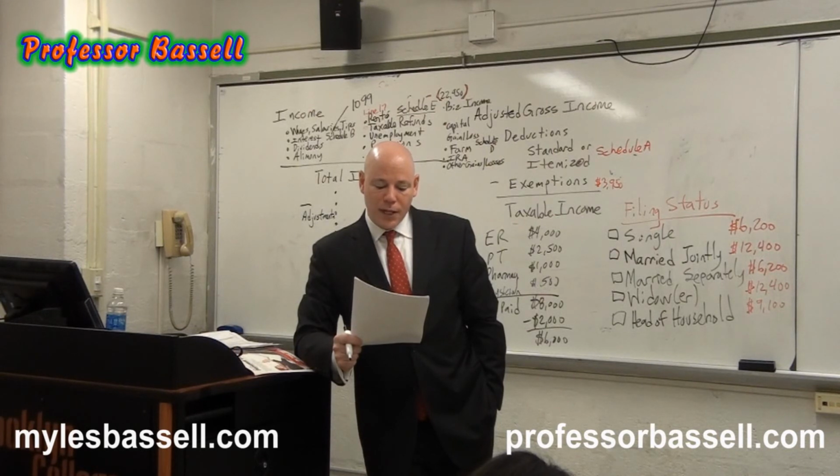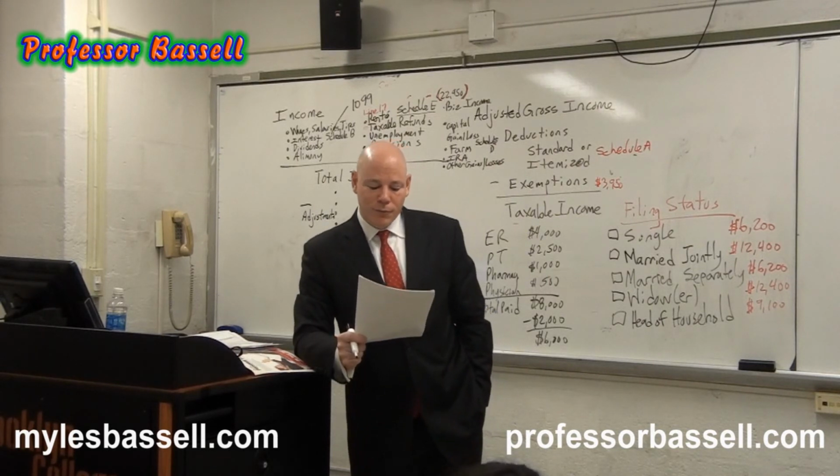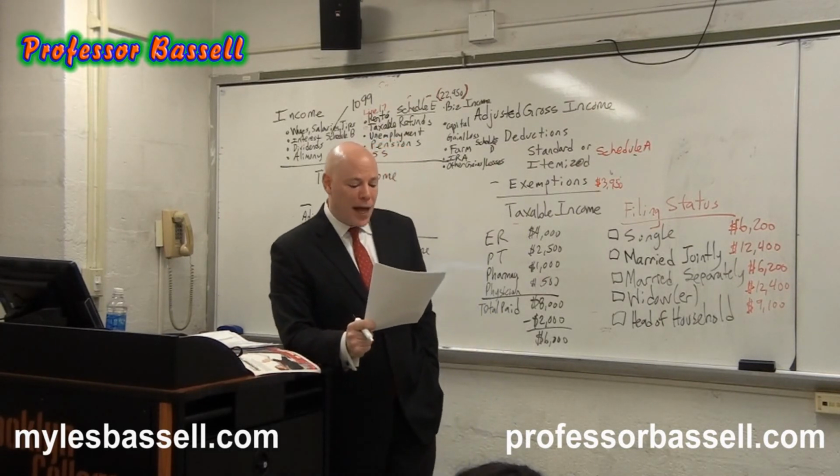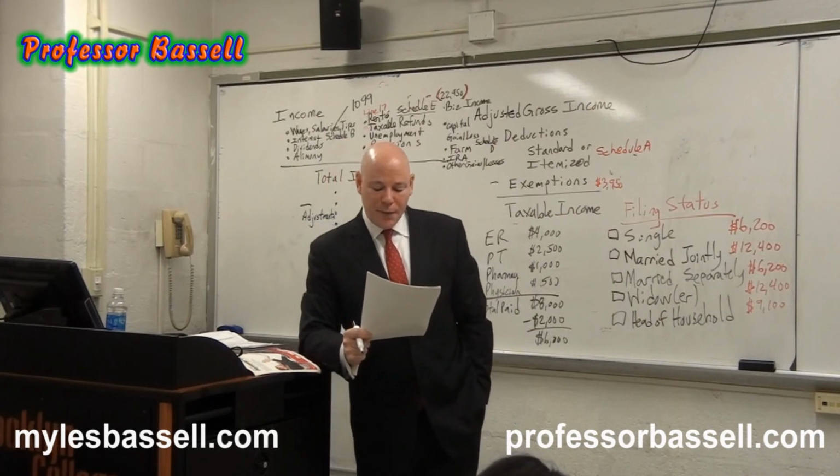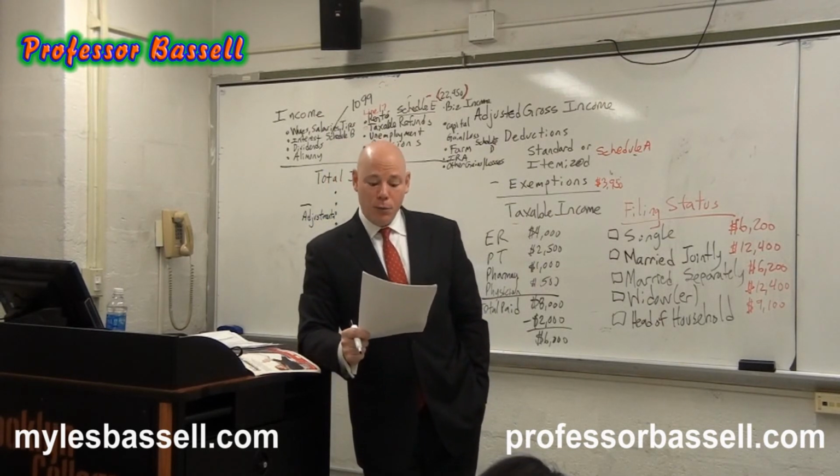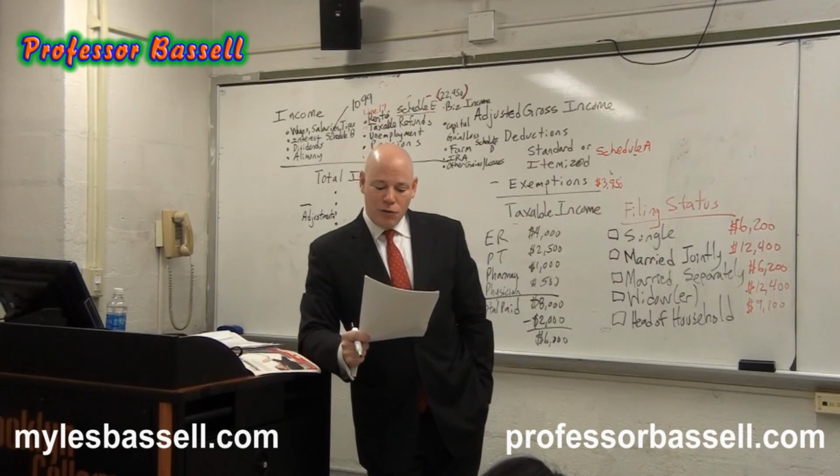So our state and local income tax is $8,570. Our real estate taxes we paid are $12,430. So in line 9 we put $21,000. That's the subtotal for the taxes you paid.